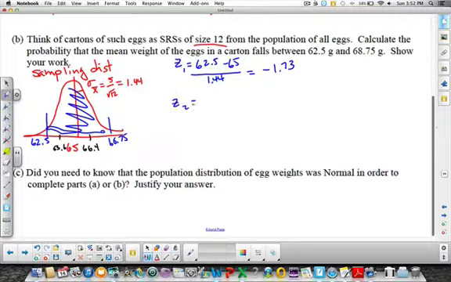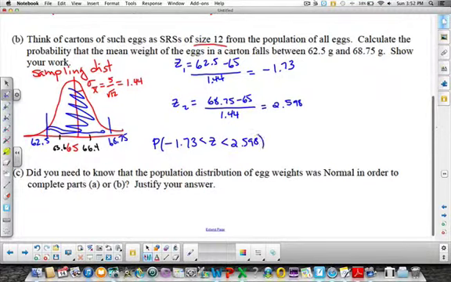For my second z-score, I'm going to take 68.75 minus 65, divide that by my new standard deviation, 1.44, and I get about 2.598. So now I'm going to calculate the probability that z is between negative 1.73 and 2.598.